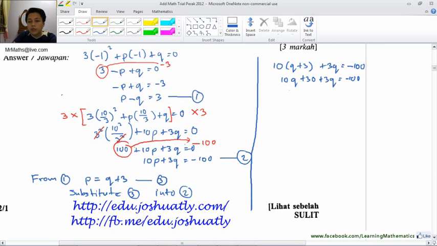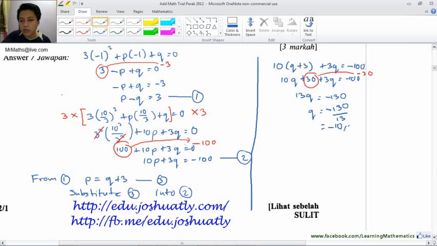So 10q and 3q become 13q, and 30, when you transfer to the right hand side, becomes minus 30. So 13q now is equal to minus 130. So q is minus 130 over 13, that is equal to minus 10.